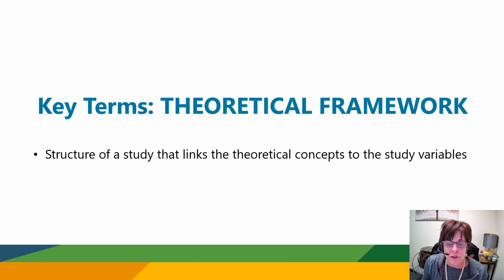These two are used interchangeably, and you'll see them used that way. The framework will identify all the key concepts and how they work together and are related to one another and to the overarching phenomena that is being studied. So it's the structure that links these concepts to the study variables.